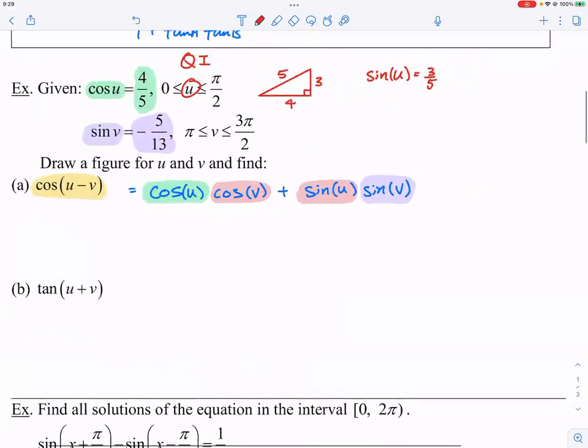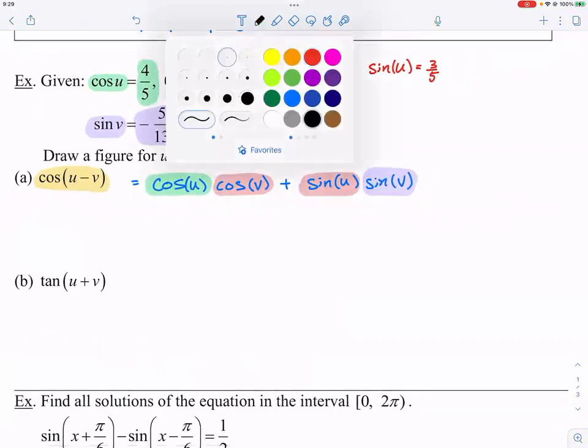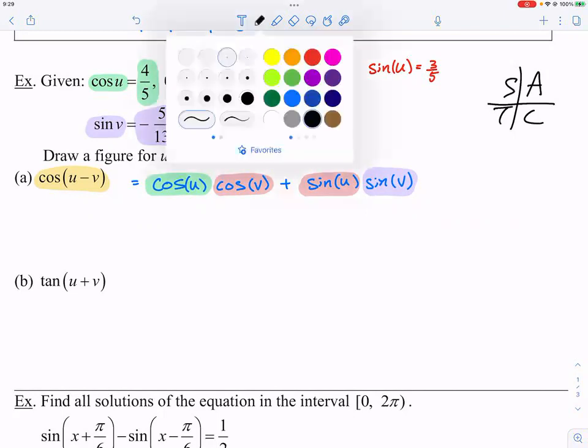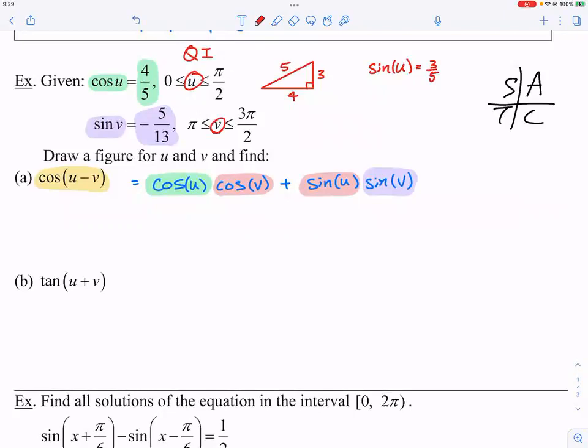And if you say, well, I'm not too sure about quadrants, then I'll suggest you write something like ASTC, just to remind yourself which quadrant is positive for which function. All right, and then angle V is in quadrant 3, and it tells you that the opposite over hypotenuse is negative 5/13.